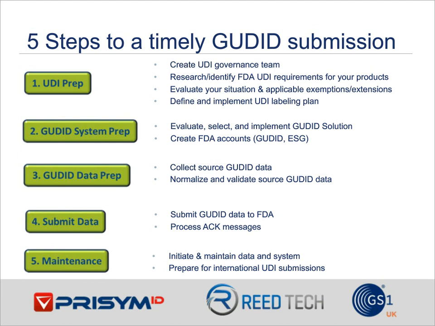In step 3, preparing the GUDID data, this can be a challenge, as we talked about earlier. Data scattered about your company location, and it's not always correct, or it might be outdated. Then as you move to step 4, the actual submission of the data to the FDA, you'll need to put some close controls in place.